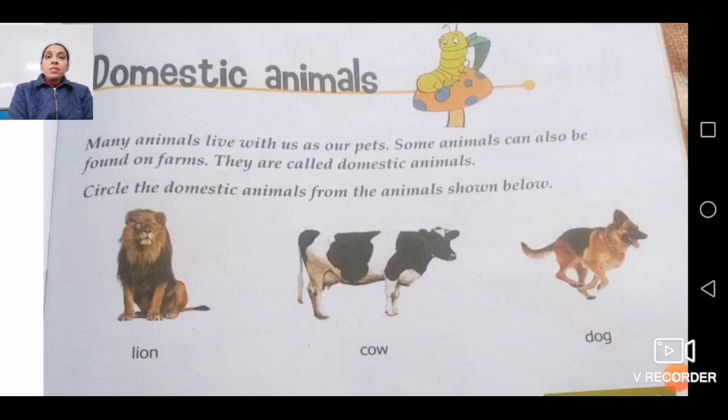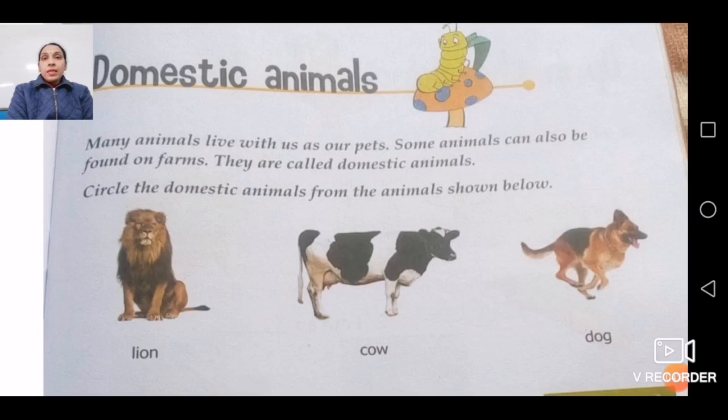So children, domestic animals mostly live on the farm. These animals are farm animals living in the open area, in the open space. That's why they are known as domestic animals.